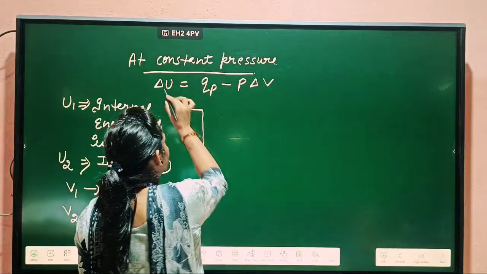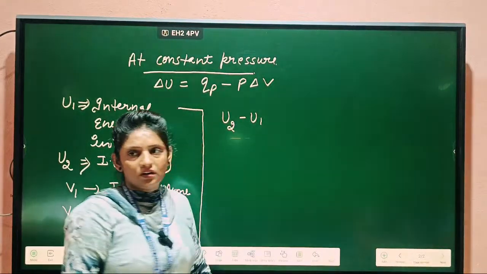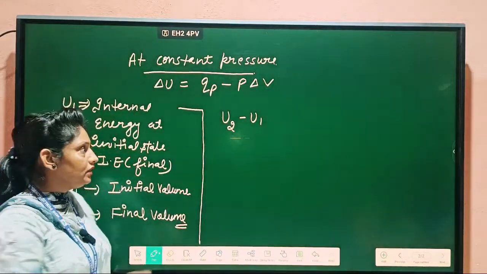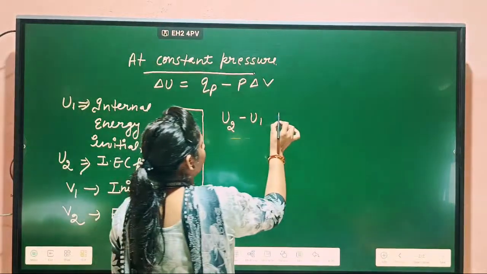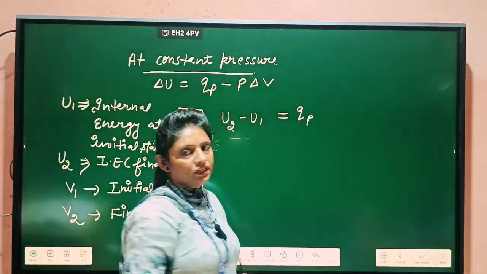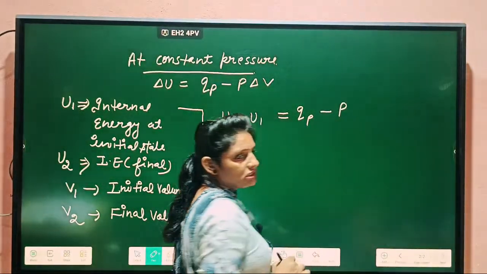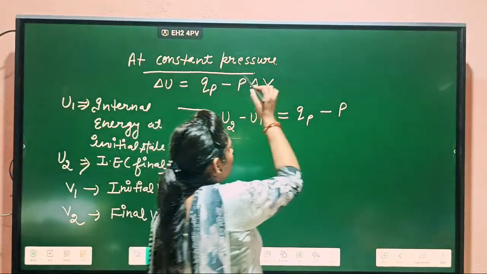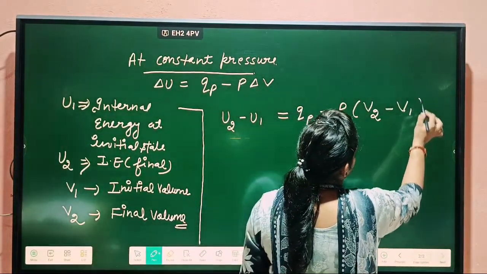So from here, students, I can write del U is equal to U2 minus U1, final internal energy minus initial internal energy, is equal to QP, heat at constant pressure, minus P, pressure is constant here, then del V means final volume minus initial volume.